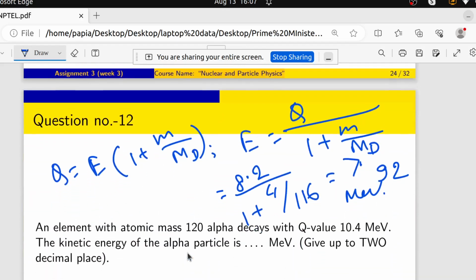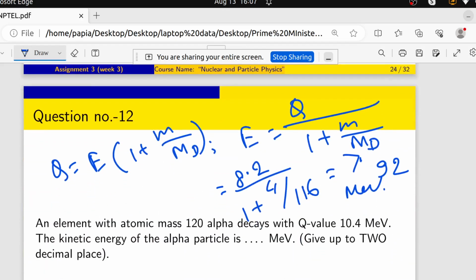Okay, now coming to the next question. In the next question, an element with atomic mass 120 alpha decays with Q value 10.4 MeV, and we need the kinetic energy of the alpha particle. Very similar question. Here A is 120 as it is the parent nucleus, and the Q value is 10.4 MeV.